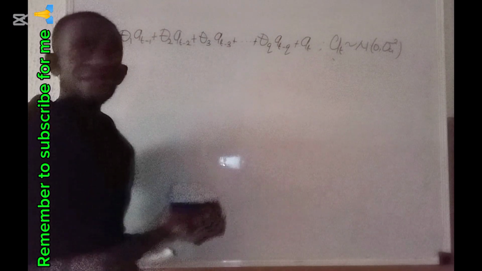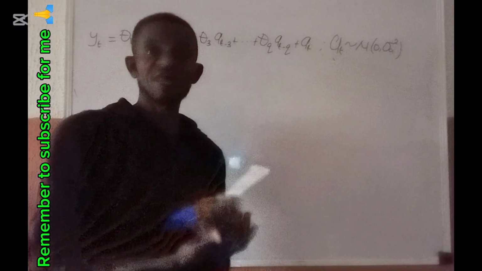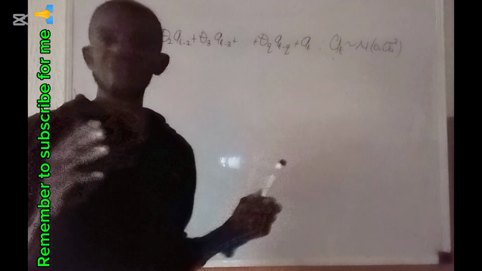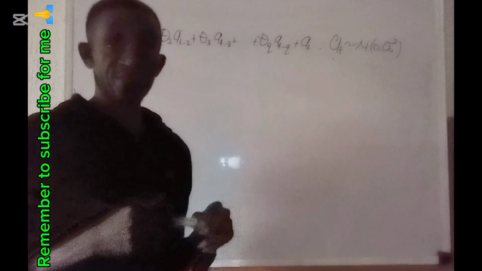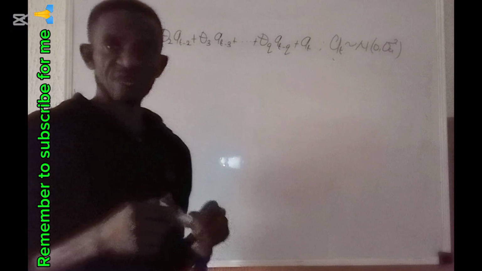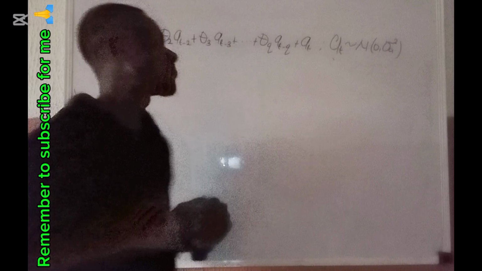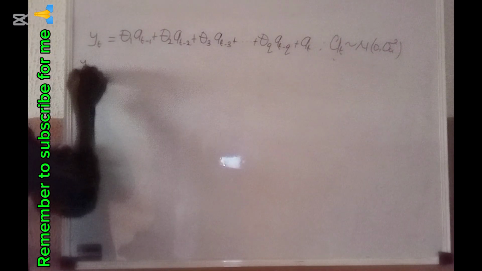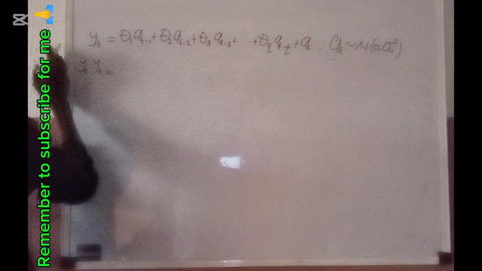When you want to look at the autocovariance of the moving average model of order q, what you are going to do is to multiply both sides of your model with y of t minus k. That is the value of the series at lag k. So by that implication, I'm going to have y of t multiplied by y of t minus k for this side. The same thing applies over here.